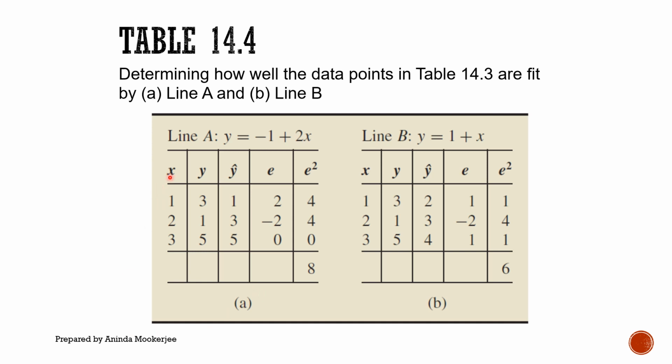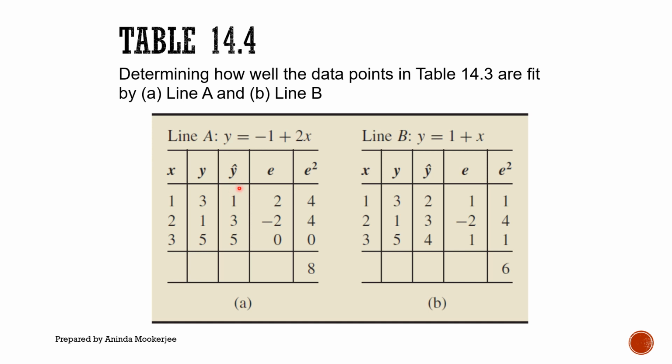The first one has all the x values from our data and then all the y values from our data, and they should be identical in both the tables. It should be the same data that we are working with. What should be different are the predicted Y values.